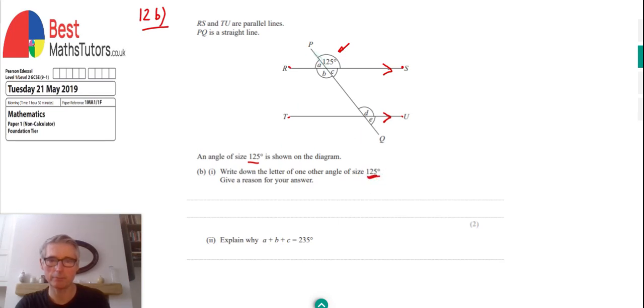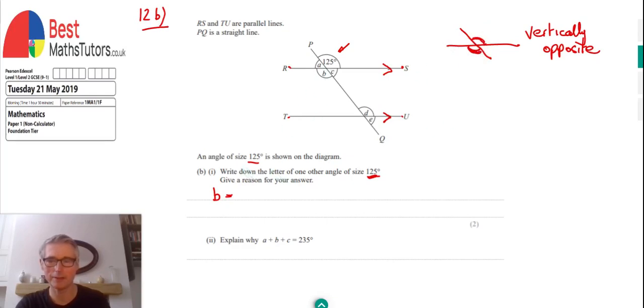So we could say, for example, angle B is 125. And the reason is when we've got two lines like this, which we have, then the opposite angles there are equal. We call those vertically opposite. So this angle here and this angle here are equal because they're vertically opposite.